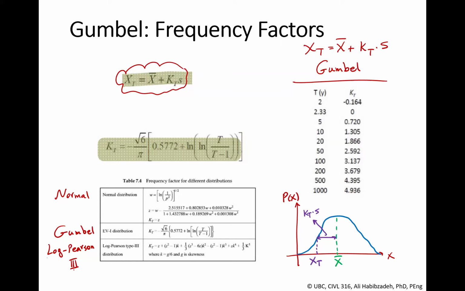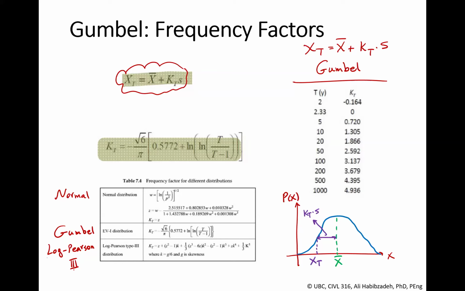The average of the log of X values becomes X bar, and the standard deviation of the log of the data becomes S, and so on. That's the only difference we really have to worry about. So basically we have data, we calculate X bar and S, decide about T, look up KT, plug it in here, and you get X sub T, Q100, let's say, and so on, right?